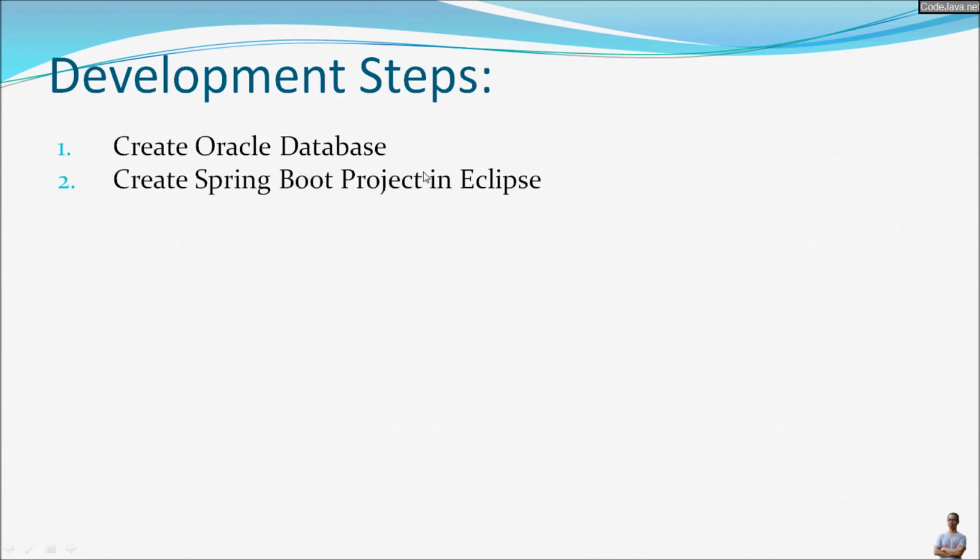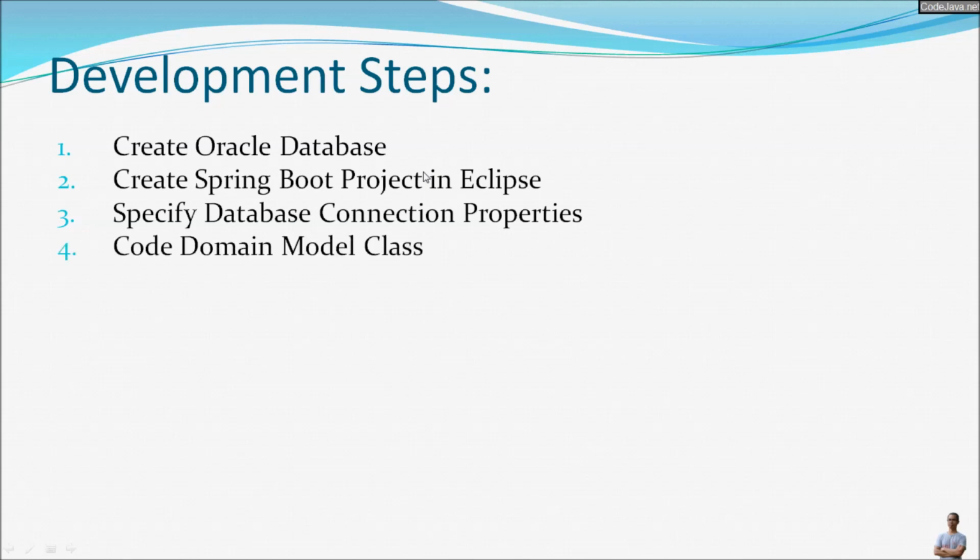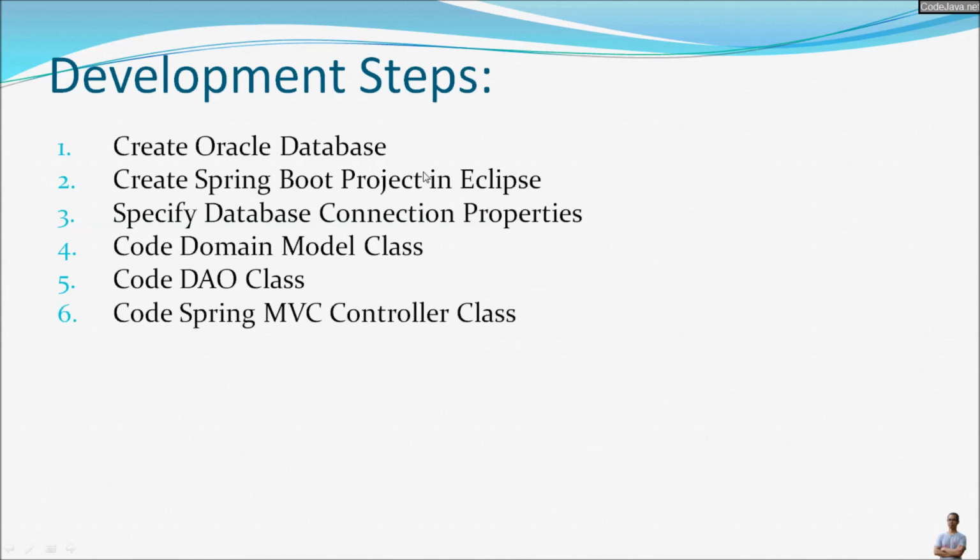And here are the steps for the development. First, we create an Oracle database, and then we create a Spring Boot project in Eclipse, and then we specify database connection properties or data source, and then we code the domain model class, and then we code the DAO class, and we code the Spring MVC controller class.